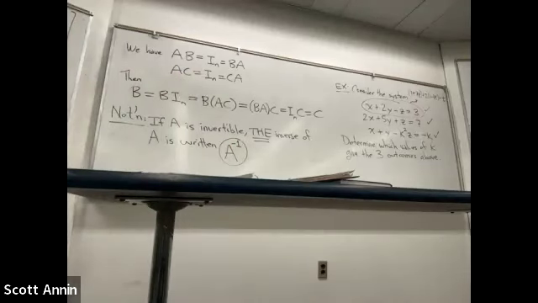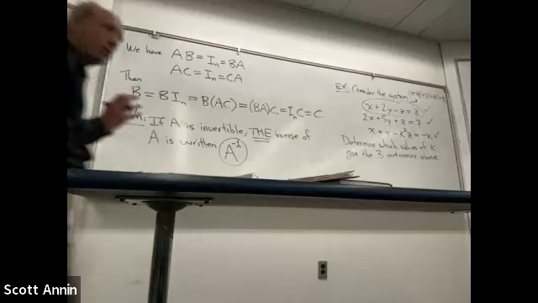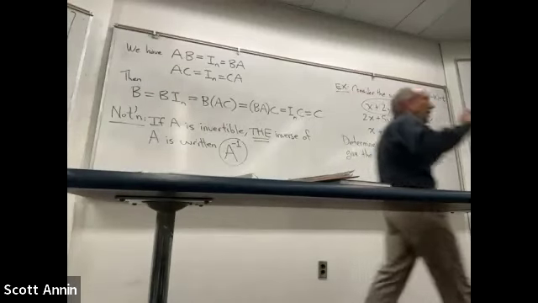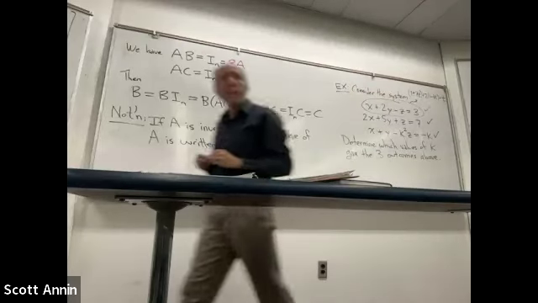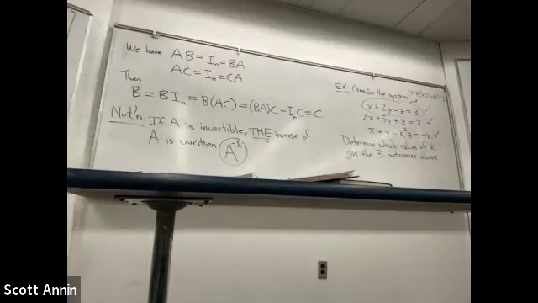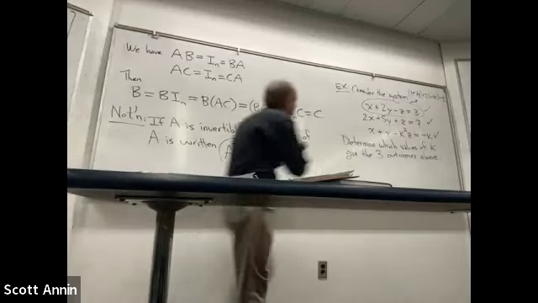So I'm not going to be writing the B and the C any longer. As soon as I realize there's only one inverse for A, I can write it as an A to the -1 exponent. Okay? So there is only one inverse for A.